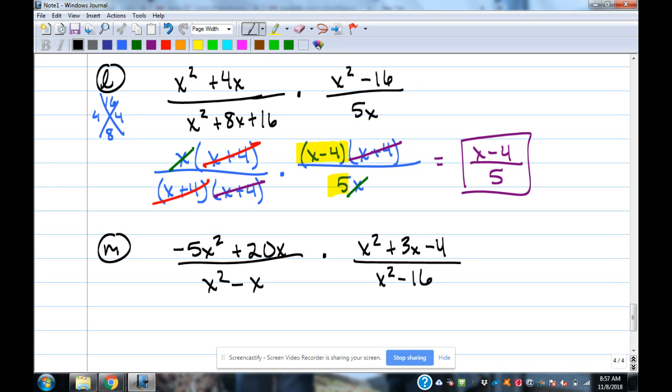What do I do first? Start factoring them. Doesn't matter where you start. Just pick something to start with. I'm going to start top left.